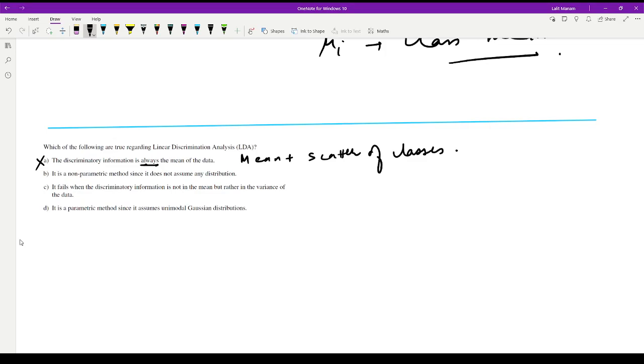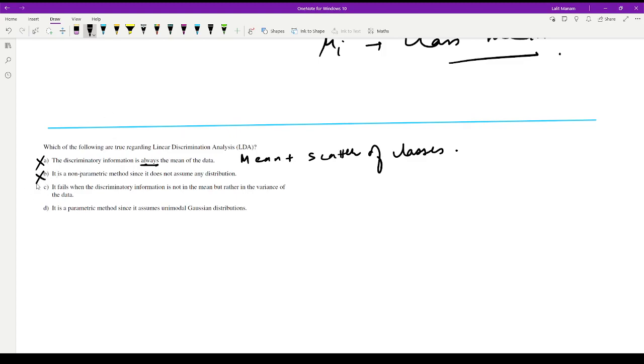What are the things that we compute for this method? Mean and the scatter, which is a sort of variance computation. So do you think it does not assume any distribution? Whenever you compute mean and variance, there is an implicit assumption that the data is Gaussian distributed. Always remember that.